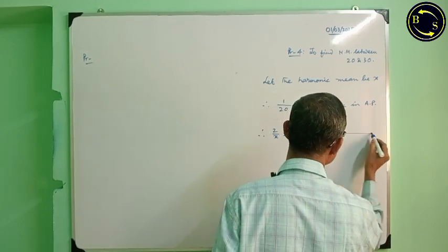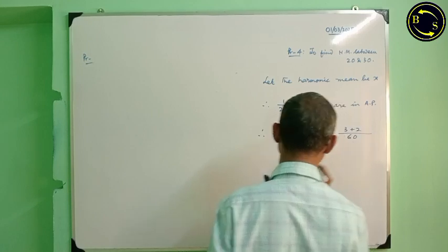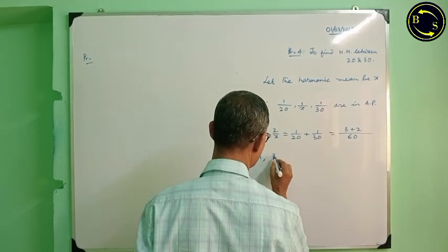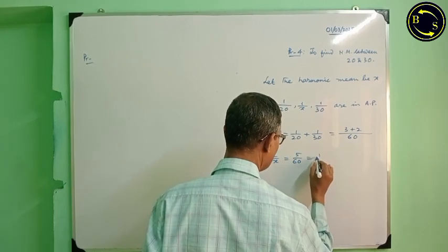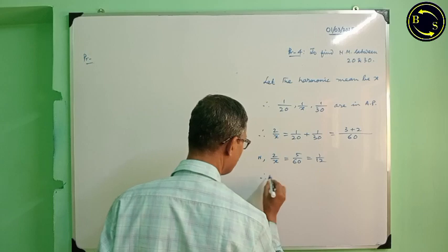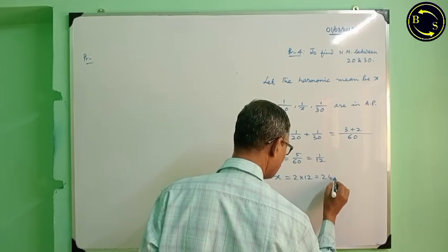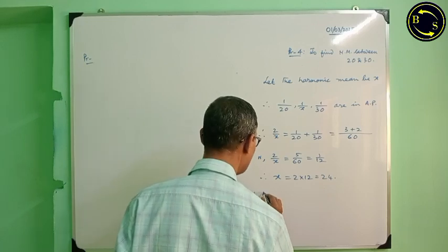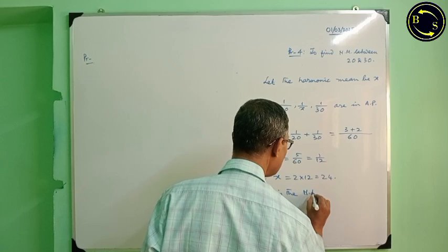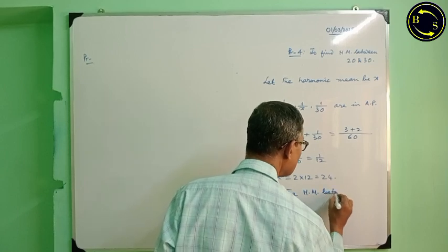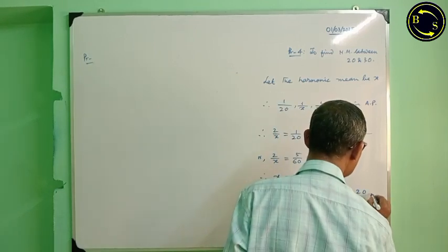Now, I simplify this. Therefore, 24 is the harmonic mean between 20 and 30.